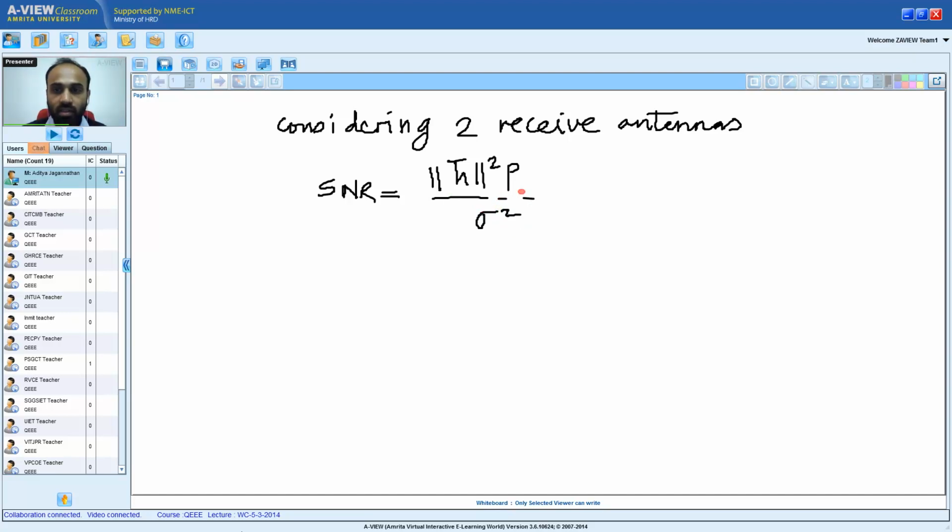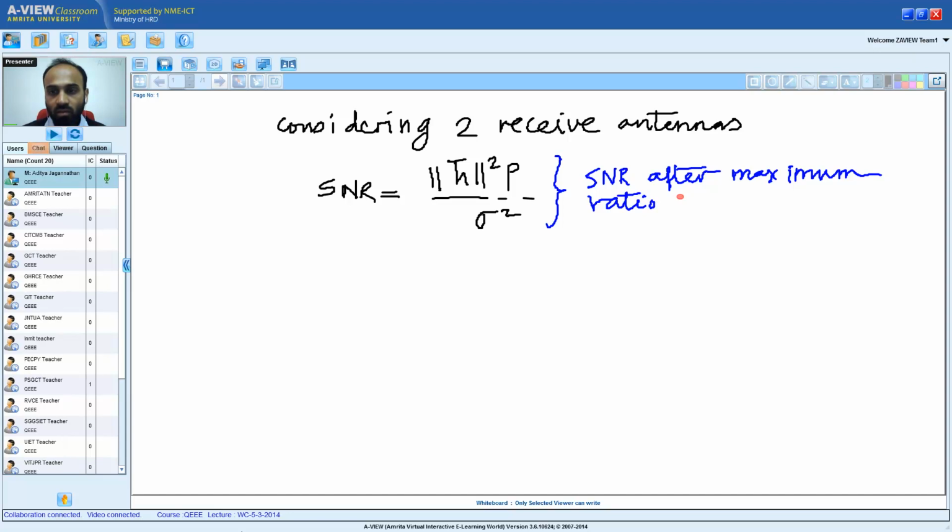This is the SNR after maximum ratio combining. Right, this is the SNR after maximum ratio combining.